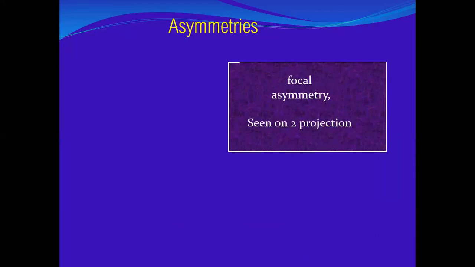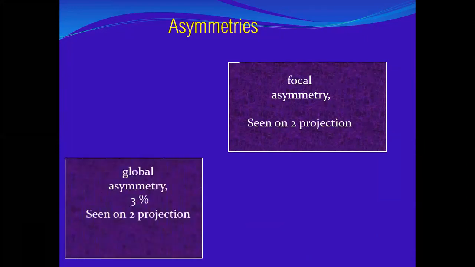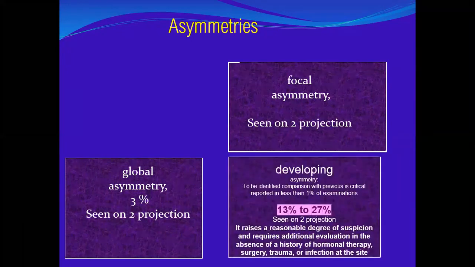Okay, so just reminding, focal asymmetry is seen in two projections, global asymmetry is seen in two projections. Focal asymmetry represents only 1% or less. Global asymmetry and asymmetry represent 3% of screening. Developing asymmetry is the only asymmetry that raises a reasonable or moderate degree of suspicion and requires additional evaluation in the absence of history of hormonal therapy, surgery, trauma, or infection at the site.